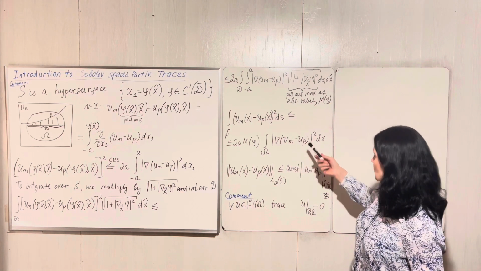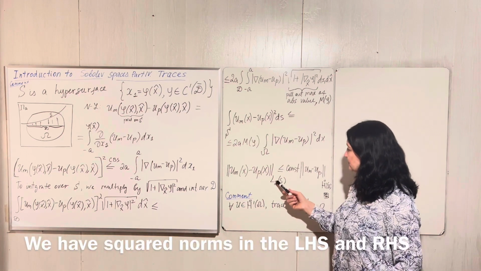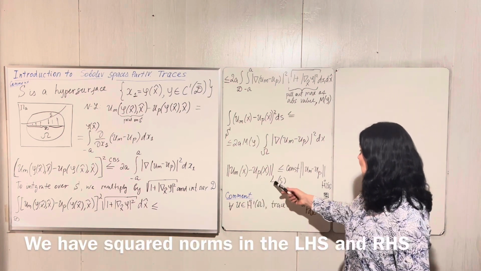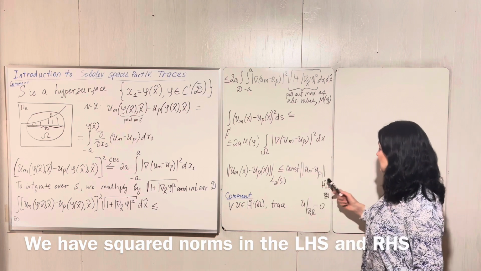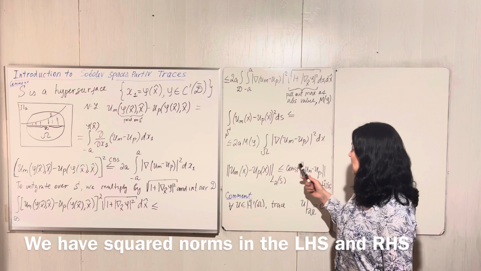And so in the left-hand side, we have the norm in L2, and in the right-hand side we have the norm in H10 times a constant.